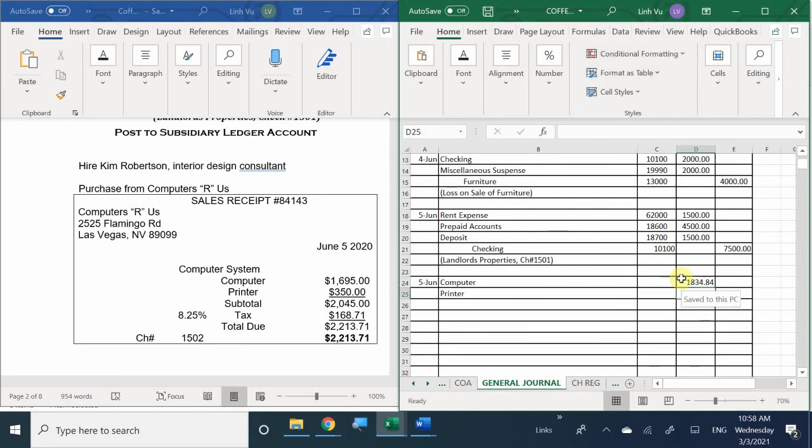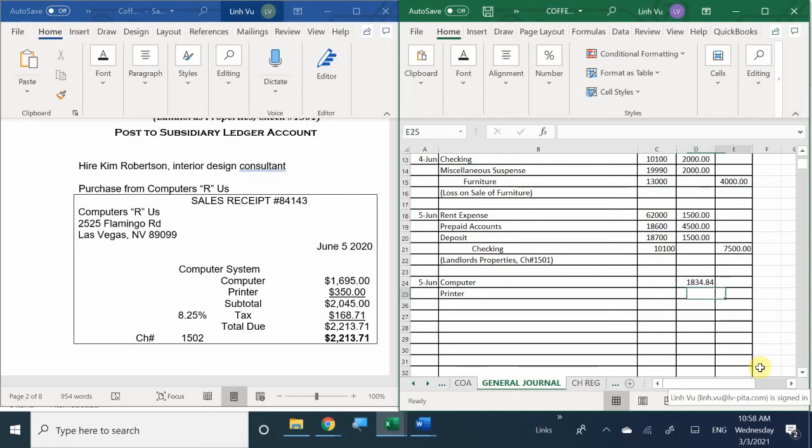Okay, plus the 16.95 because we're adding it to the computer. How much is it going to be for the computer? It's going to be 1384.34.